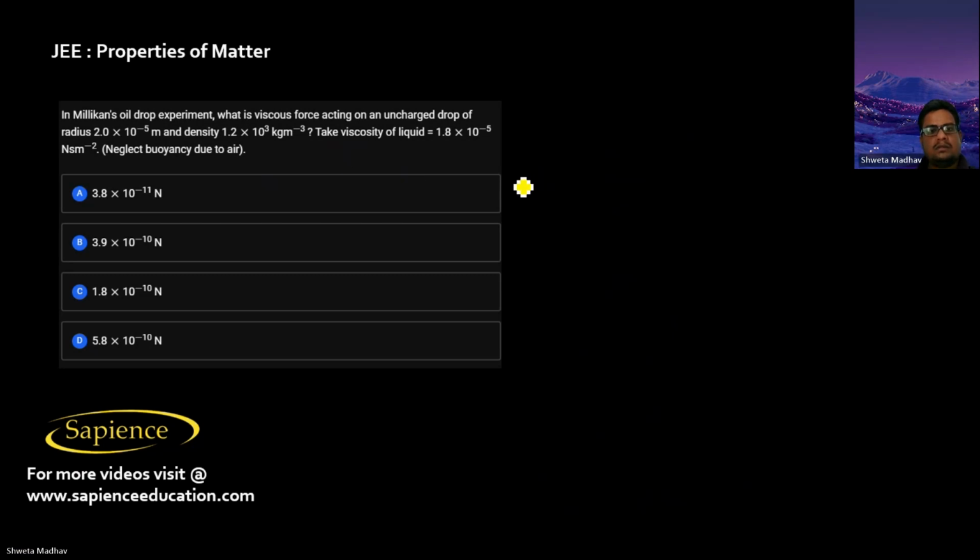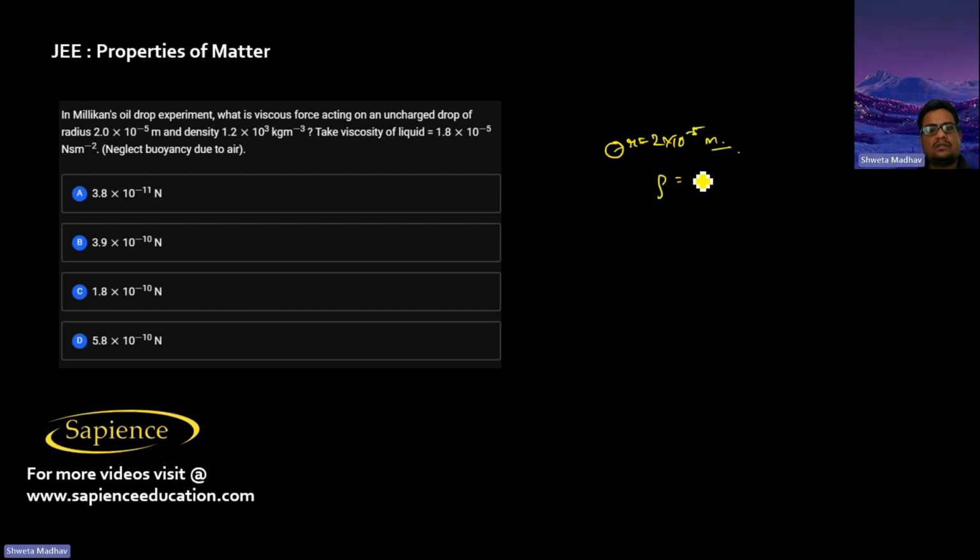The radius of the drop is 2 into 10 power minus 5 meters.